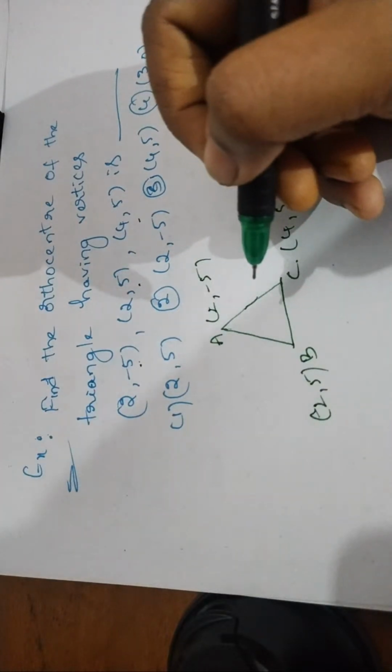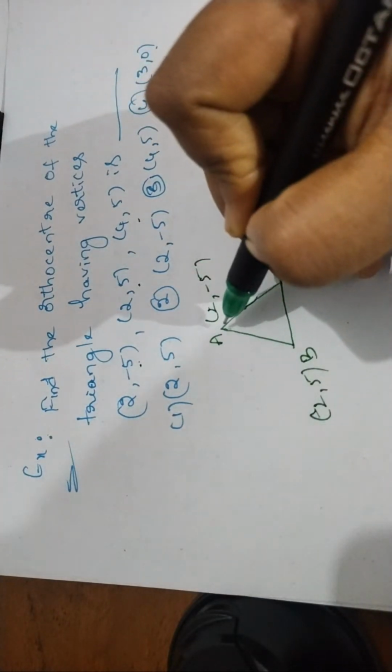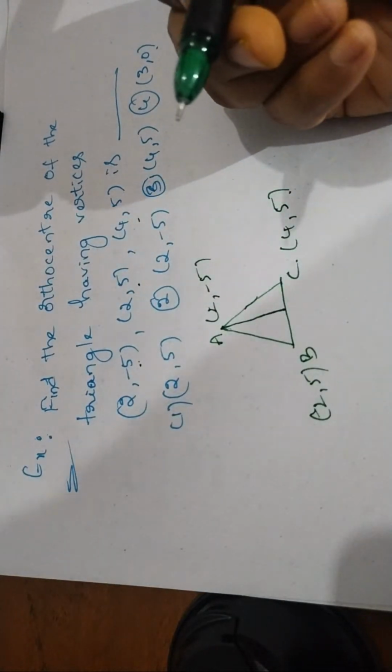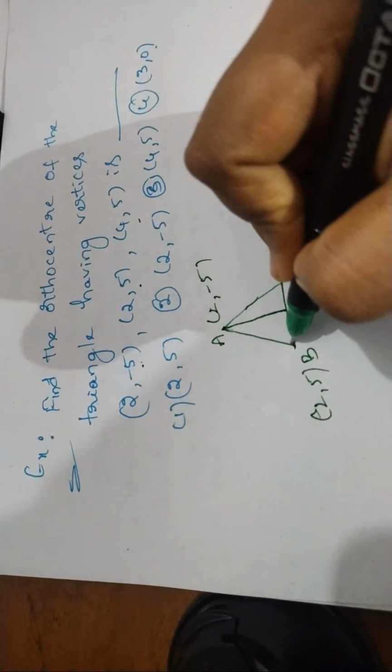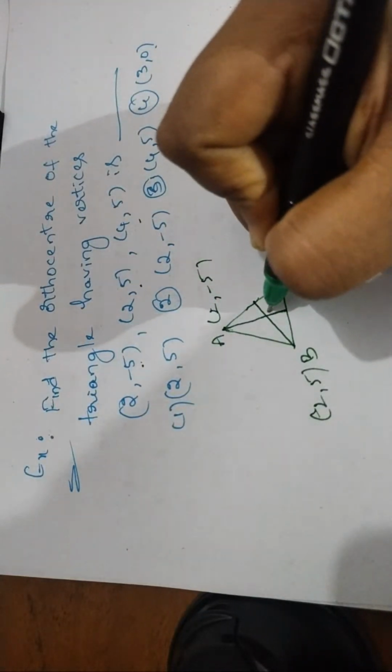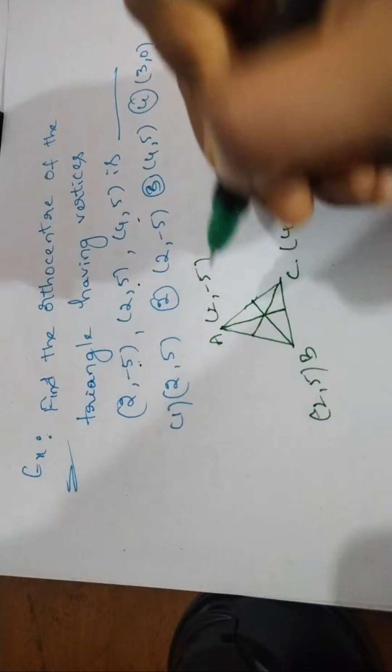Now we will draw the altitudes: from A to the opposite side, one altitude, from B to the opposite side, another altitude, and from C to the opposite side, another altitude.